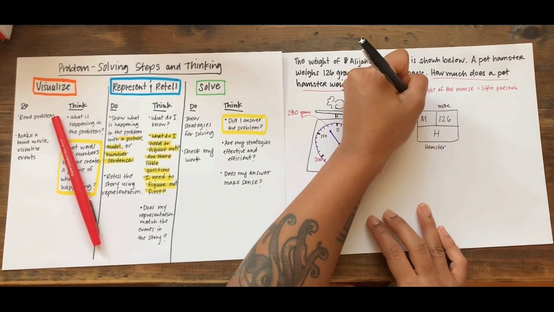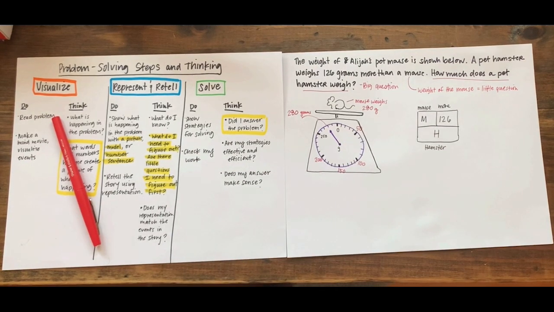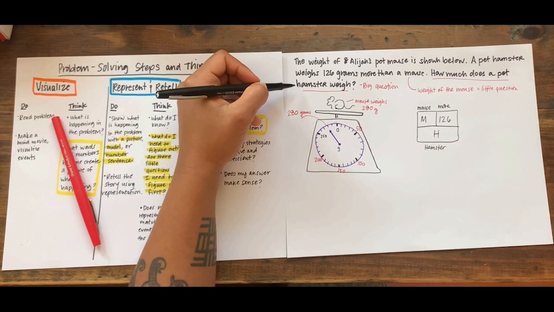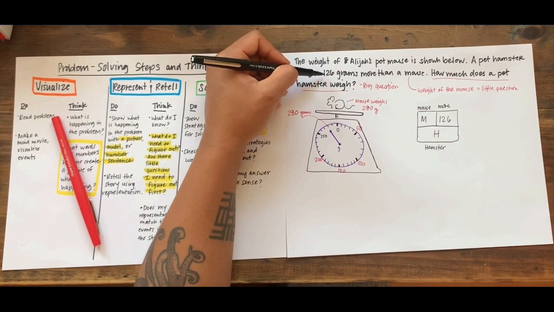Why does this representation make sense? Go back to the story. I heard you say that this matches the story because we're trying to find the weight of the hamster. And we know from the story that the hamster weighs 126 grams more than the mouse.